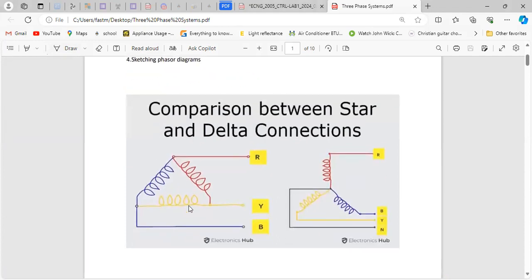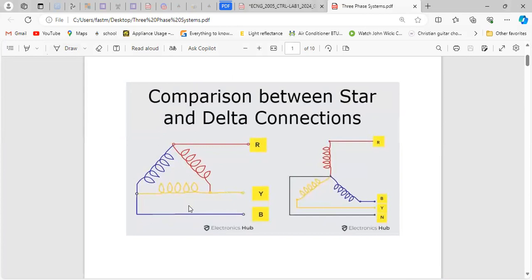Y'all would have started this already. So the types of configurations, the popular ones, we call them star and delta, or Y and delta. The delta one is the one that looks like this, and the star is the one that looks like a star. If you hear Y, it's the same thing.